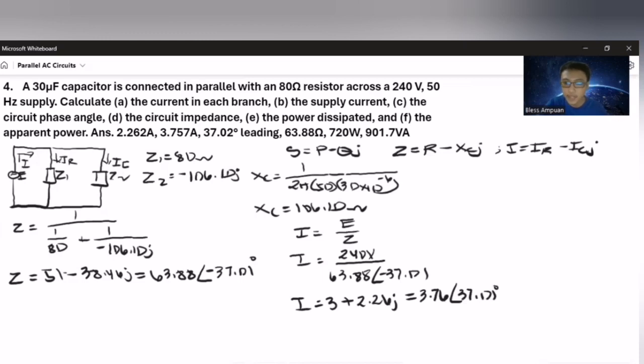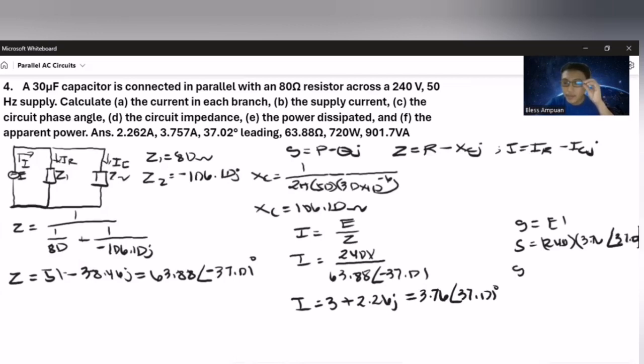And again, to get the apparent power, this is equal to EI, voltage times current: 240 times our total current, 3.76 angle of 37.01.